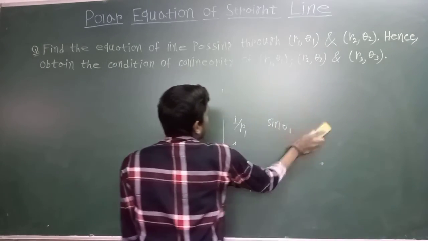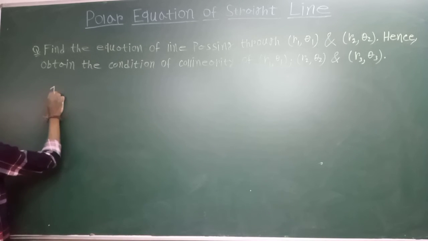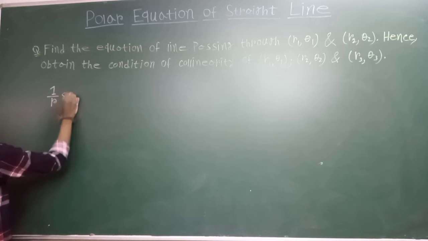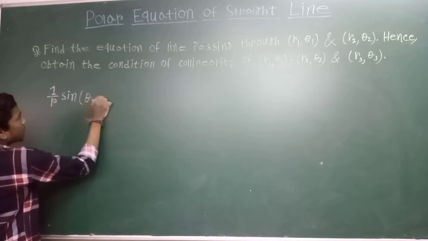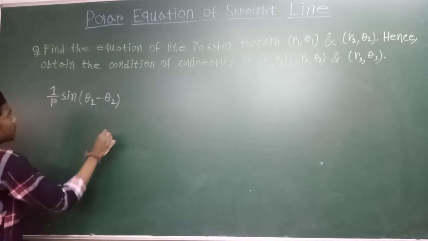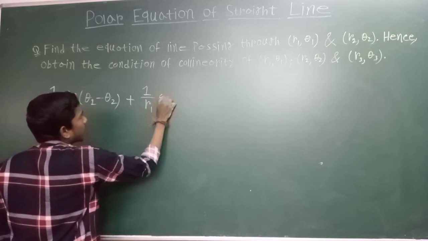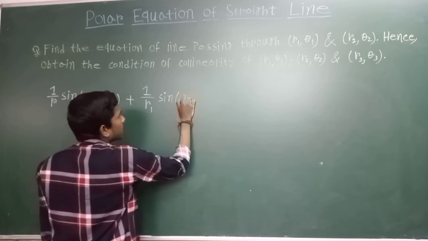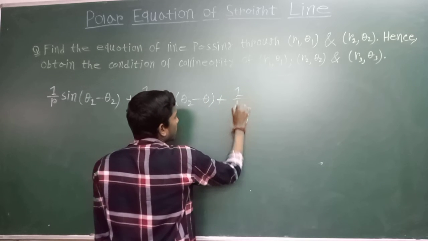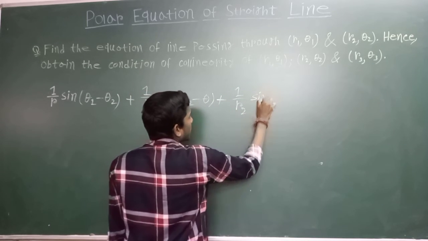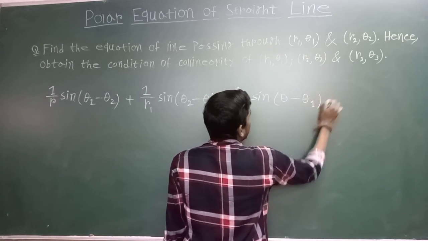So the equation of the straight line will be like this: 1 by r into sin(theta 1 minus theta 2) plus 1 by r1 into sin(theta 2 minus theta) plus 1 by r2 into sin(theta minus theta 1) is equal to 0.